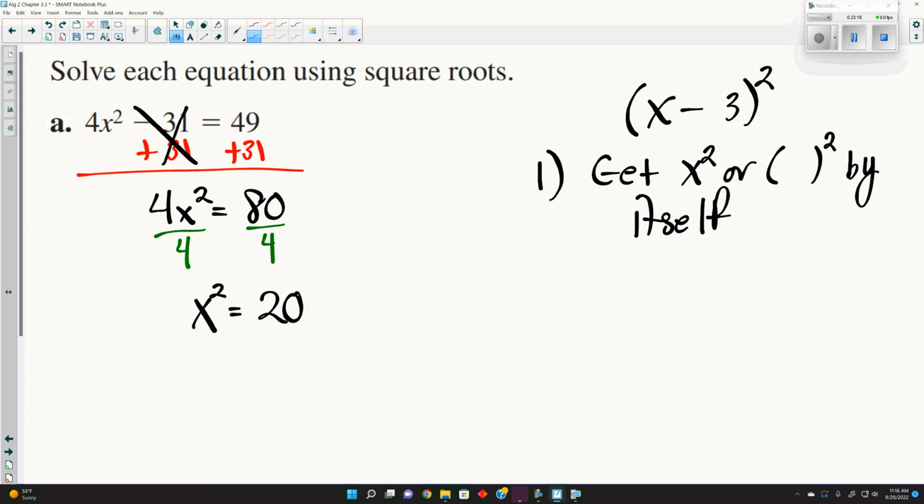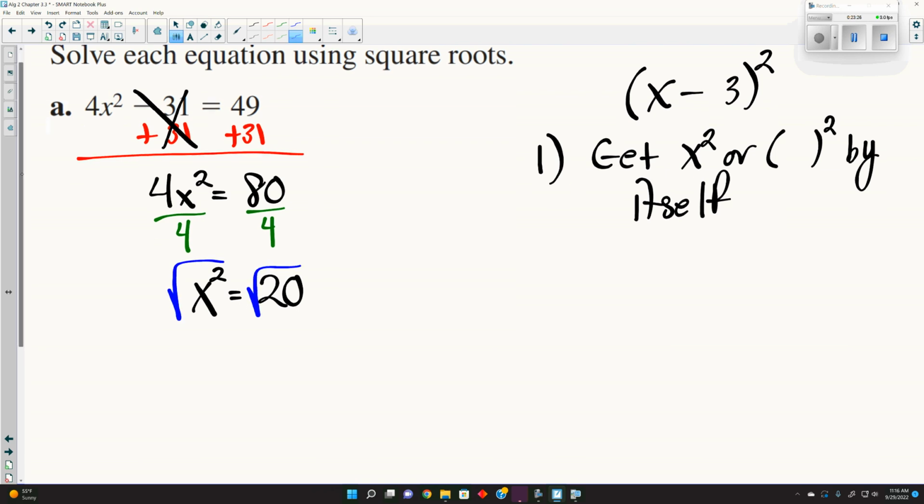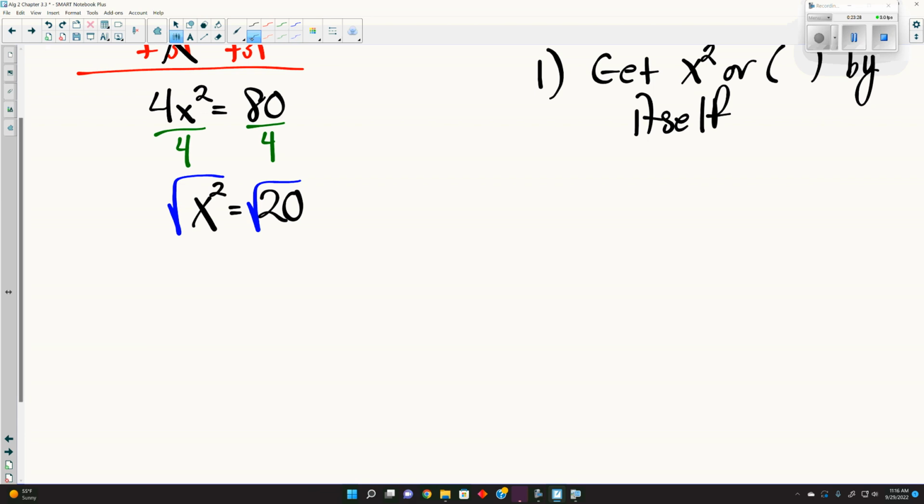So we're going to need to square root both sides, because the square root and the square undo each other. So once we get it by itself, we're going to take the square root of both sides.